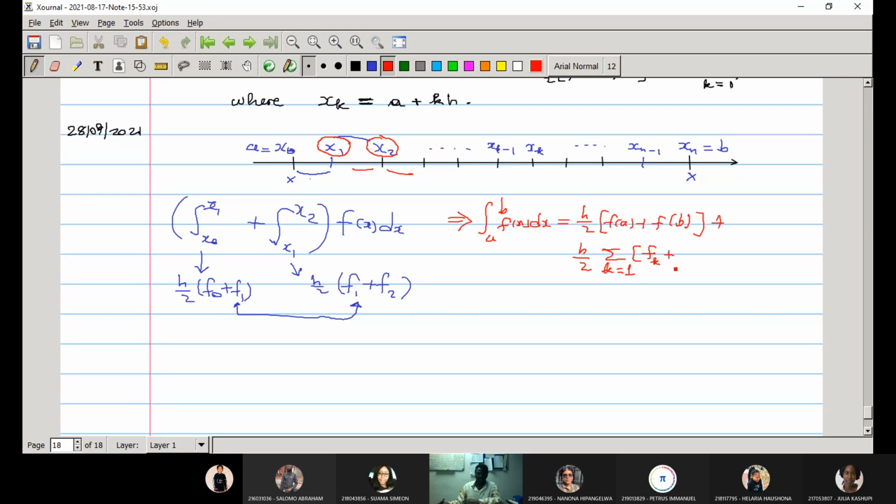So I put 1. Now k will go from 1 to n minus 1, wait, is it n minus 1?